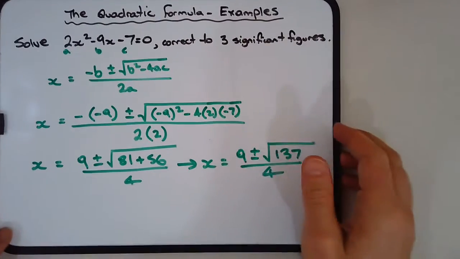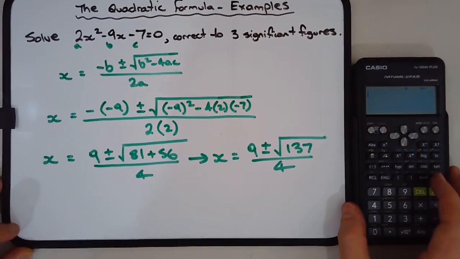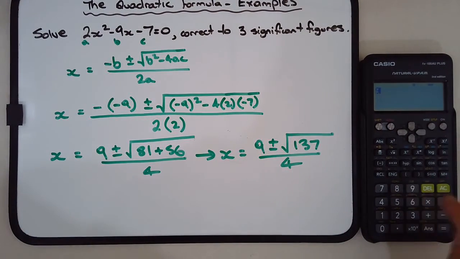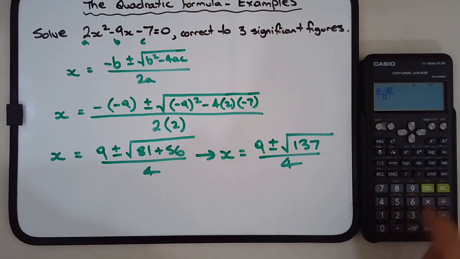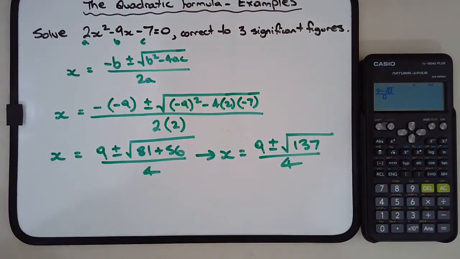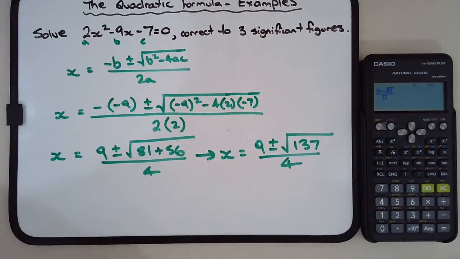Now, it says to answer correct to three significant figures, so let's do that. Let's enter this into the calculator. We'll put the lower answer first. If you're not confident doing the arithmetic, especially under exam pressure, you could just enter this expression as is.